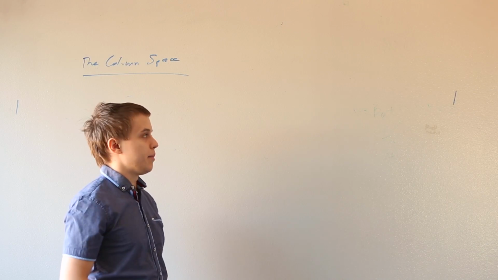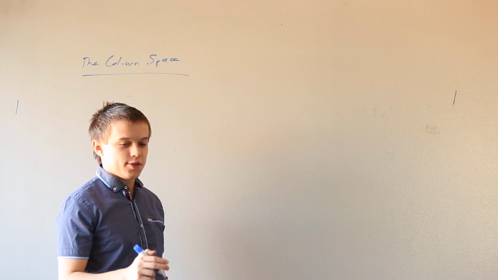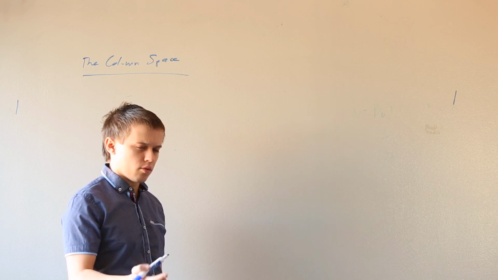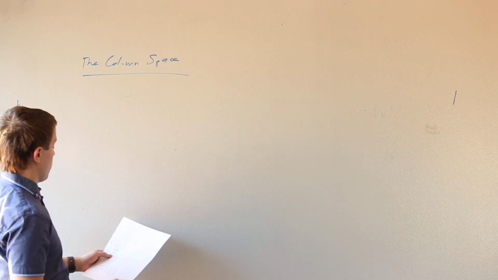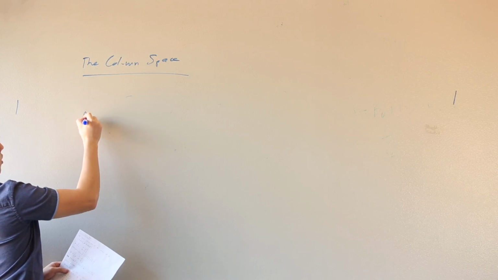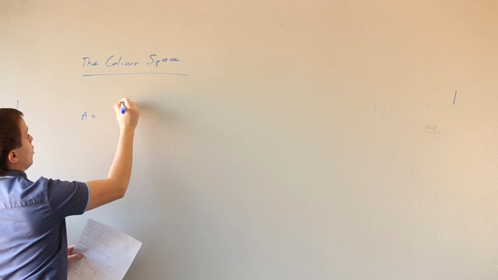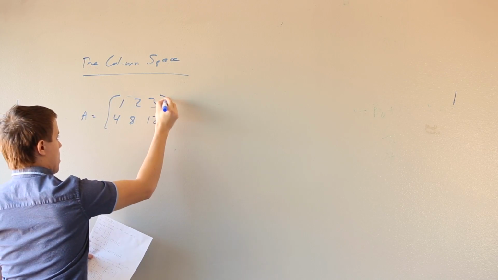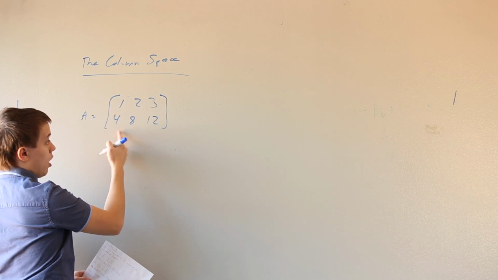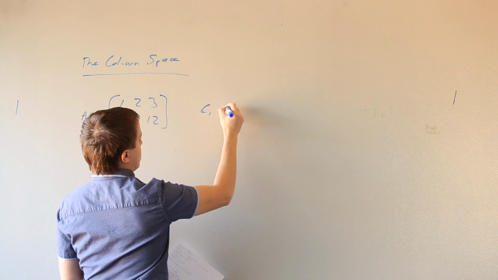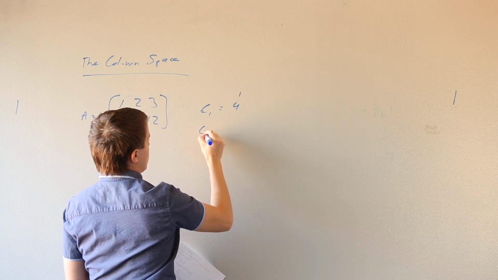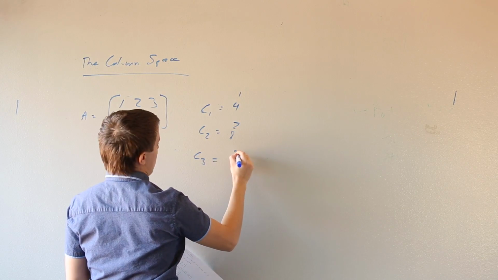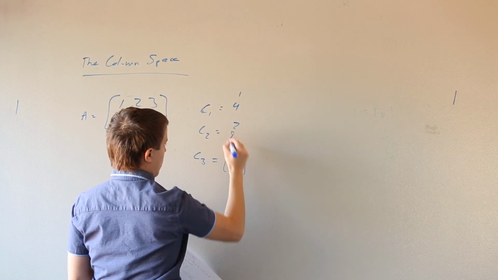Okay, so much like last time, the column space is the linear combination of the columns of A instead of the rows of A. So let's look at, again, our matrix from our previous example. And this time we can specify the columns of A, in which case we have C1 equals (1, 4), C2 equals (2, 8), and C3 equals (3, 12).